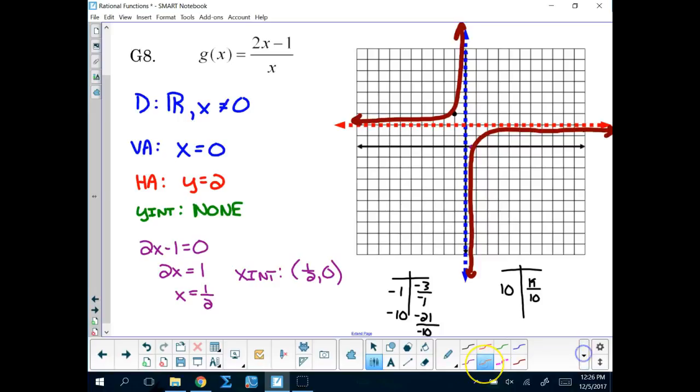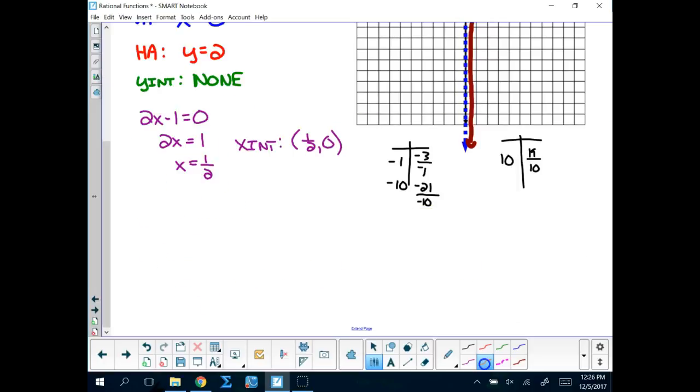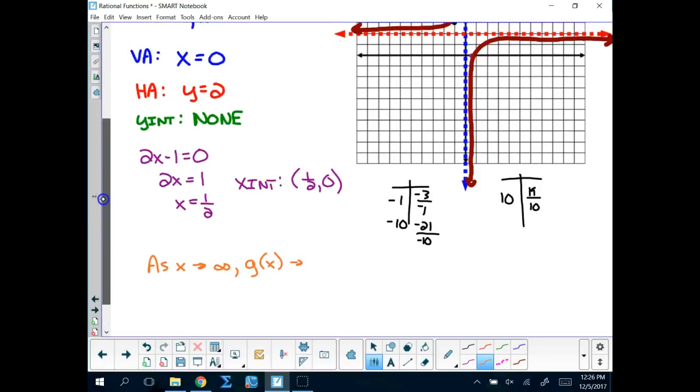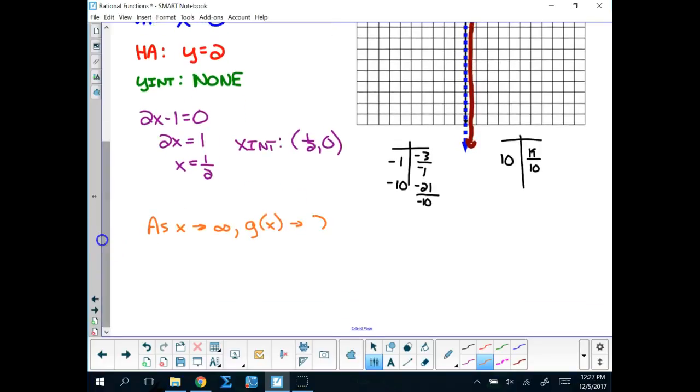End behavior, asymptotal behavior. So, as x approaches positive infinity, my function g of x approaches 2 from below.